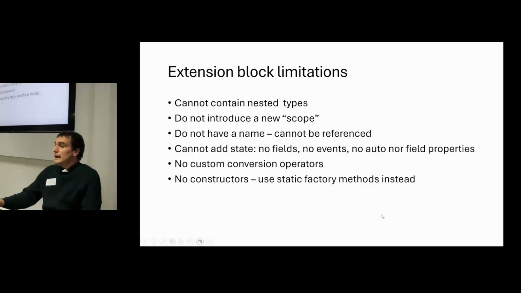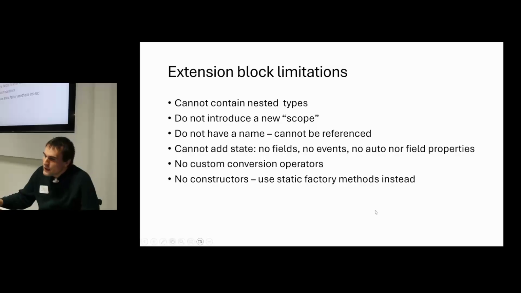And you cannot add state, so there are no fields, so also no events, and so on and so forth. So for properties, you need to find some other place to put your data, not in the extension.